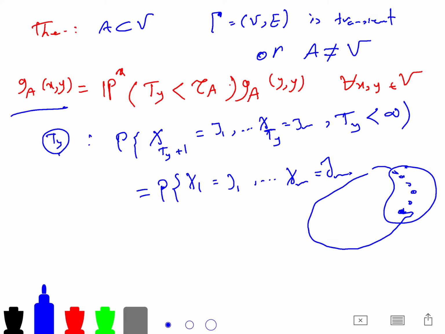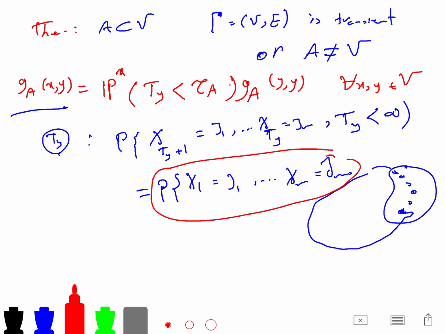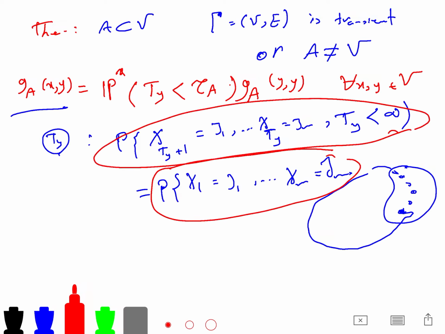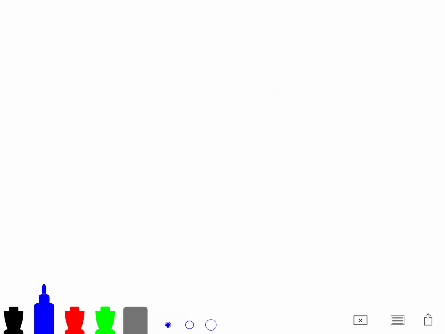So it means that if you shift the time, because we have a good stopping time, the probability is the same. So essentially they are the same thing. And how do we use this to prove it? We just apply the strong Markov property at T_y.